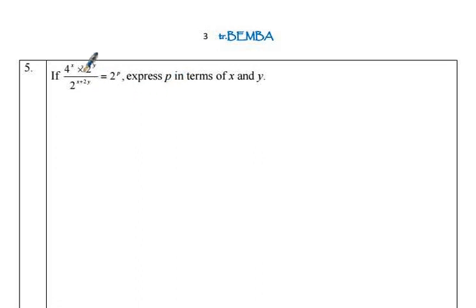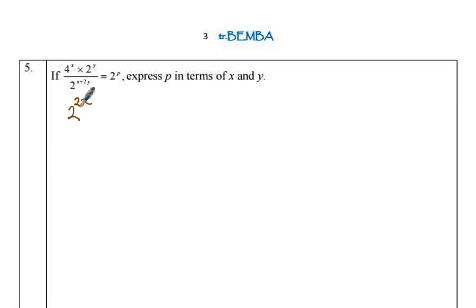Okay. Now when you look at this given equation here, you see we have a base here 4, a base here 2, a base here 2, and a base here 2. So that shows us that there is something common to these other 3 parts. And so we can also think of writing this as 2 to power 2, but since it has another power here, we're going to write 2 to power 2x.